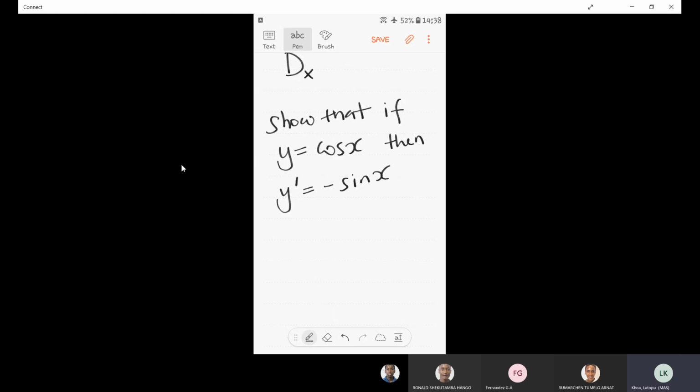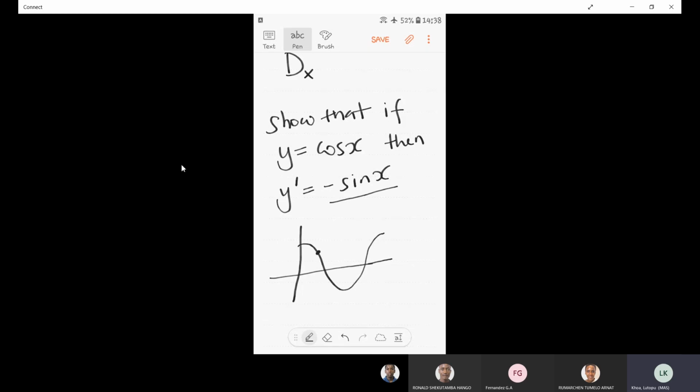Okay, so what that means is if you have your graph y is equal to cos x and you want to work out the gradient of any point on the curve, I want to work out the point over there. To work out its gradient, this is just equal to minus sine of that point that I have.